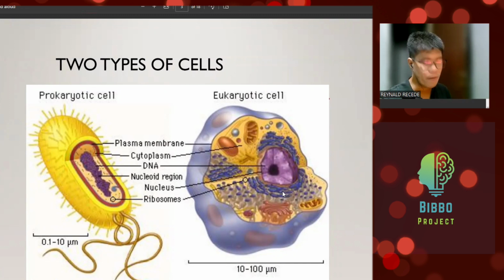There are parts of these two cells that are common in the two of them, and these are shown here. You have the plasma membrane, you have the cytoplasm, both also have DNA, which is the genetic material. Only the prokaryotic cell has the nucleoid region kasi ang eukaryotic cell, meron siyang nucleus. And both have ribosomes in them.